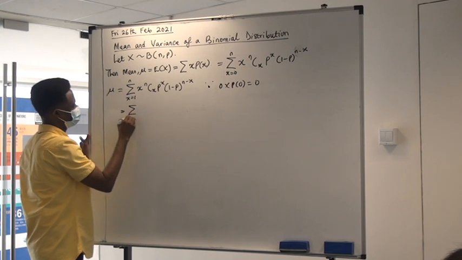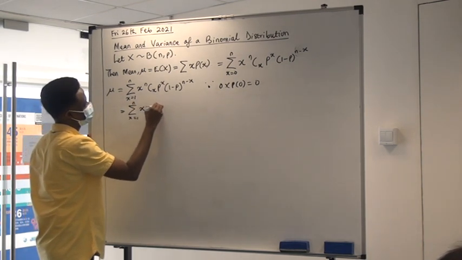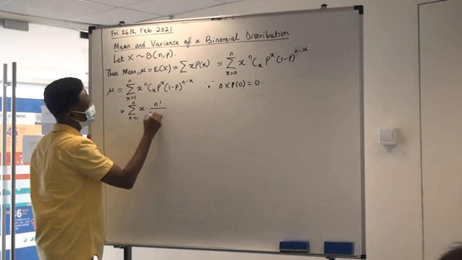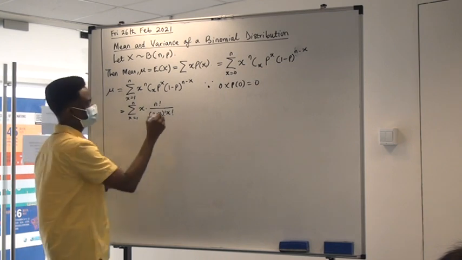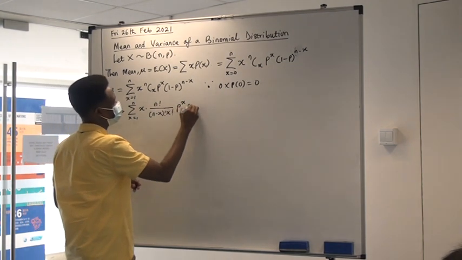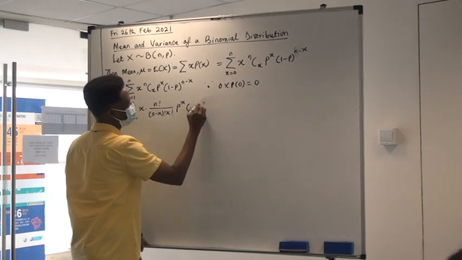This is summation, x is equal to 1 to n, x times n factorial over n minus x factorial, x factorial. Agree? And this is p to power x, 1 minus p to power n minus x.